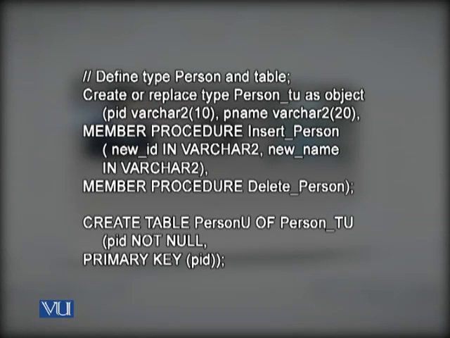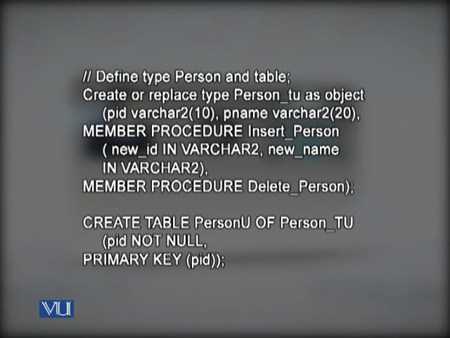As you can see, this particular procedure has two arguments, and both are of IN type because they are taking values inside the procedure only. Then we gave the signature of the second member procedure, which is delete person. As the name suggests, this method will be used to delete an object from the person table. So this is how we defined our person underscore TU type.